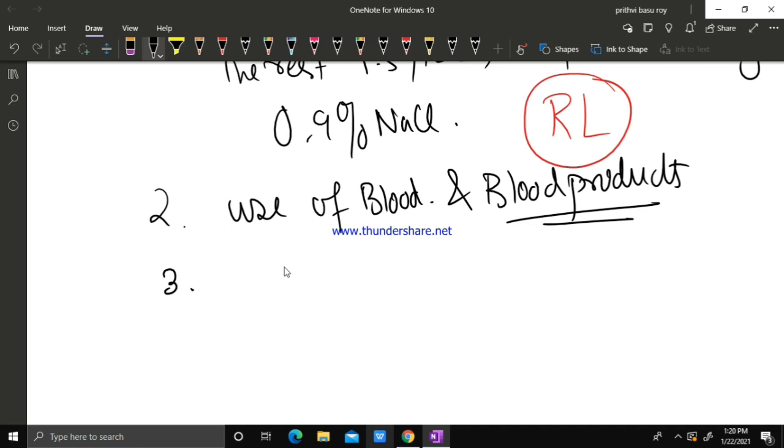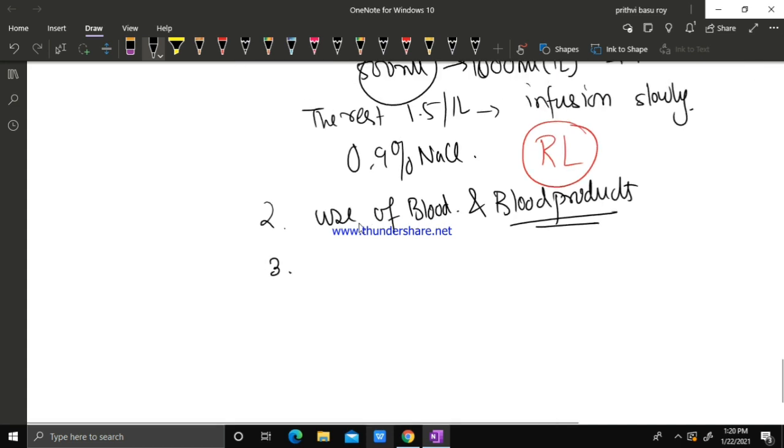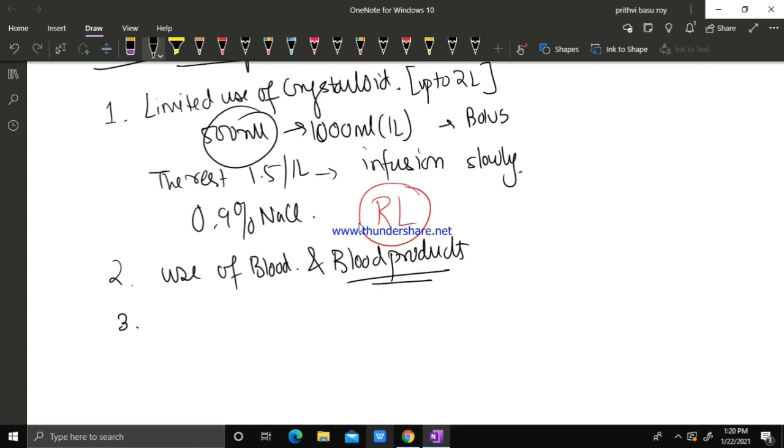Now, next is, you just imagine when you are doing damage control resuscitation, you are giving crystalloids. You are continuously giving crystalloids, and you are still not able to raise the BP to 120/80, or the mean arterial pressure to normal. Don't worry about it. You may keep it maybe at a level of 100/70 or 100/60.